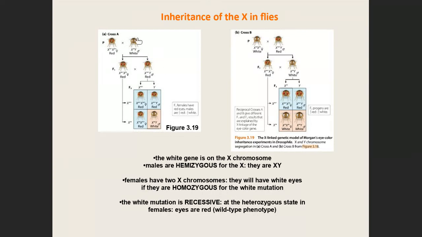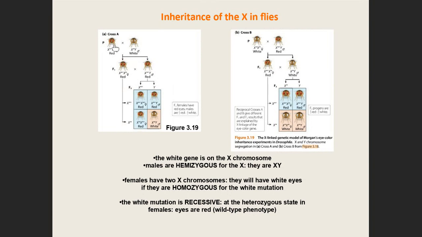So you're producing a female that is heterozygous for the white locus. That female in the F1 receives a wild-type copy from the parental female and a mutant copy of the white from the male, so they're heterozygous for the X. So that female's gametes will be 50% white plus and 50% white minus.